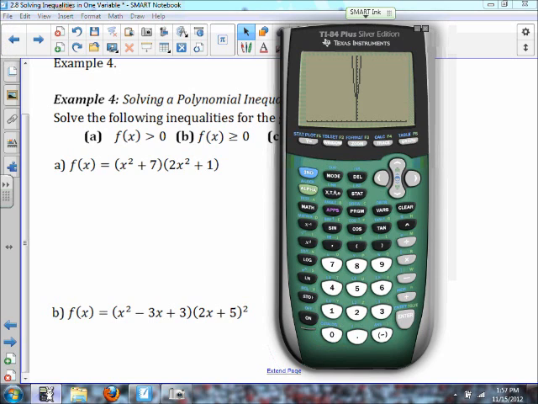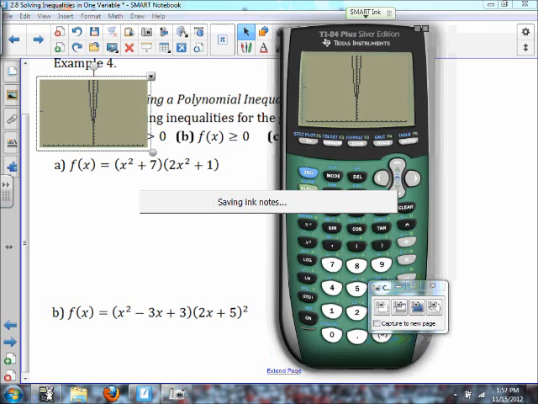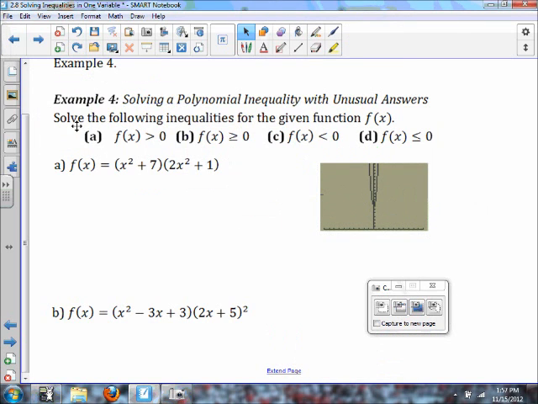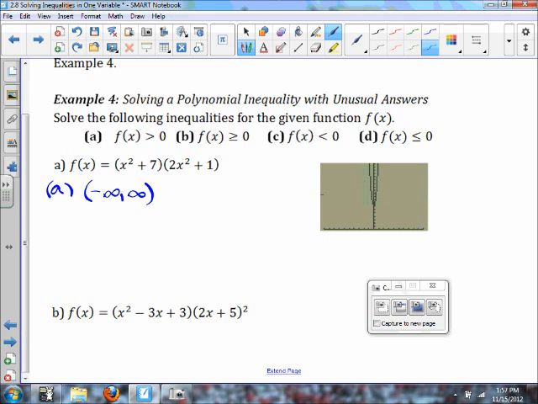So where is this graph greater than 0? Well, it's greater than the x-axis everywhere, so from -infinity to infinity. Where is it greater than or equal to 0? Well, it's greater than or equal to 0 everywhere, so from -infinity to infinity.